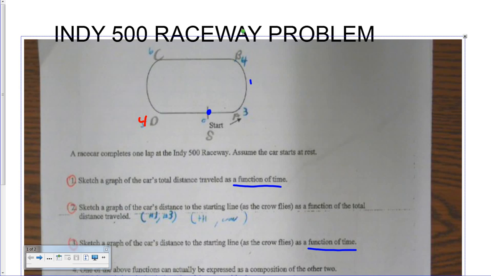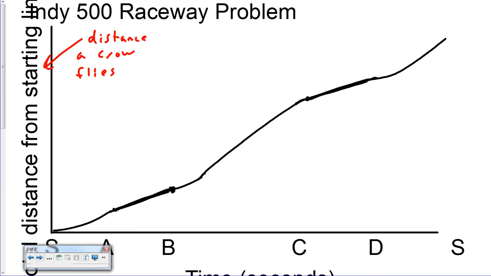And then we go through and we look at it. So I'm going to remember 3, 4, 6, 4, and then back to 0 for the way the crow flies. And I'm going to try to make sense of that back here. So starting at S, this is going to be in red.